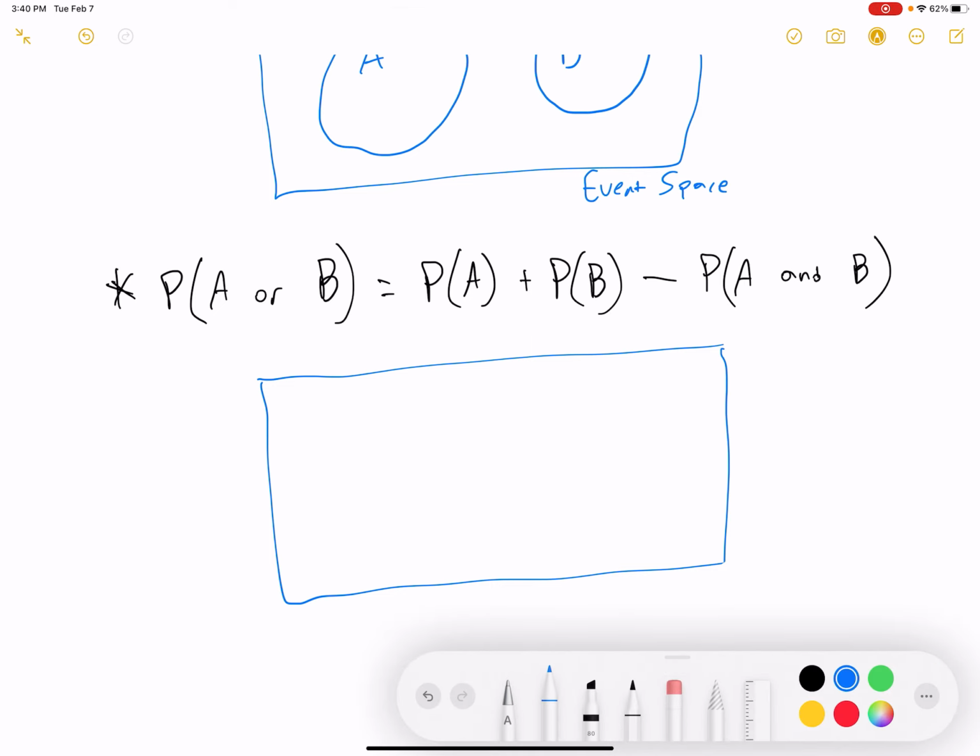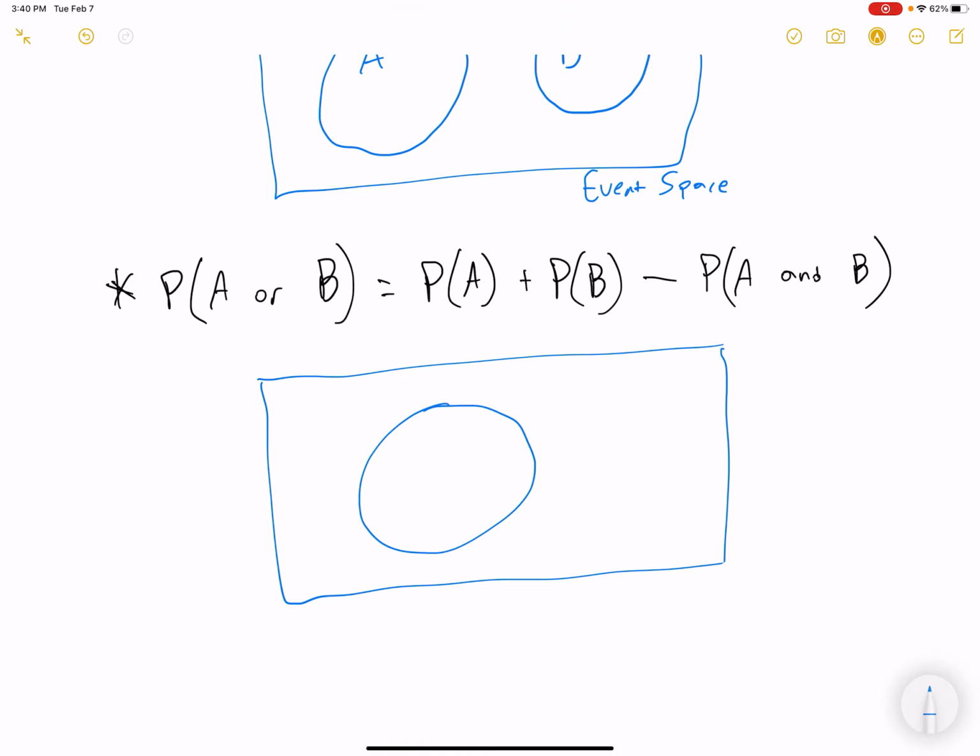Now if they're not mutually exclusive, then this circle represents A, this represents B, the intersection is A and B. So A or B means that it's the entire area for circle A plus the entire circle for B, but we double counted the intersection in that sum, so we remove that intersection, which is A and B, and now we get the area of A or B without double counting any of the area.